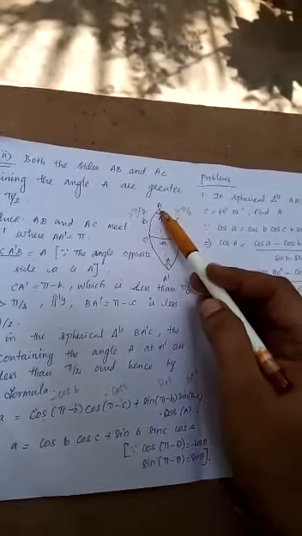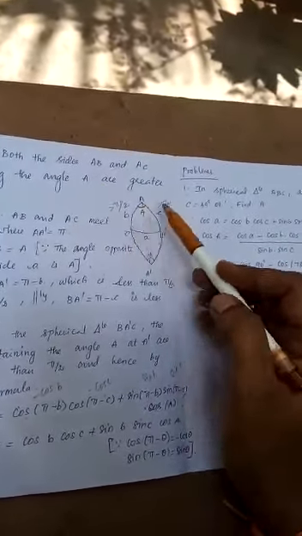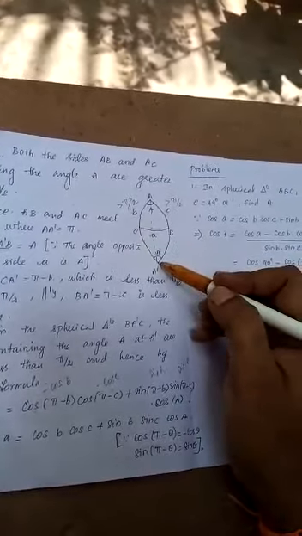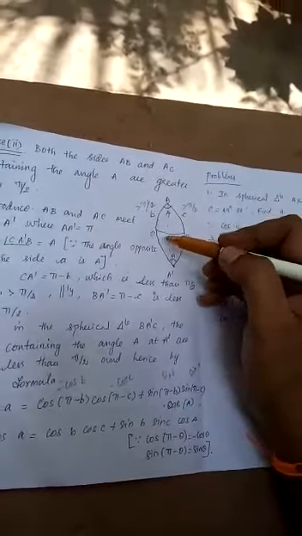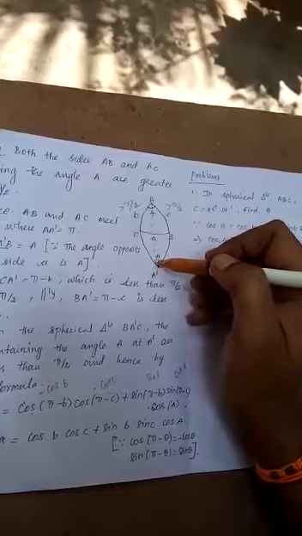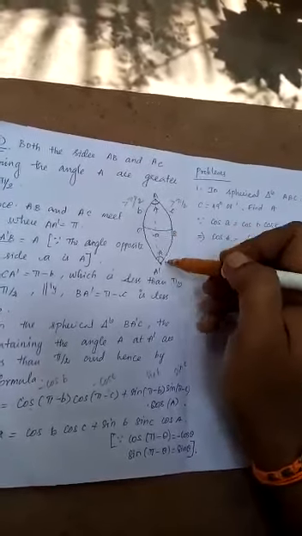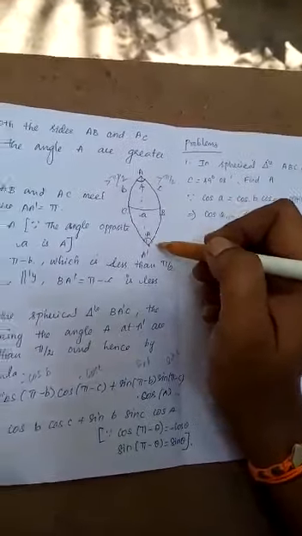Similarly, we produce the arcs AC and BC to meet at A dash, where the angle BA dash C is equal to A. How?